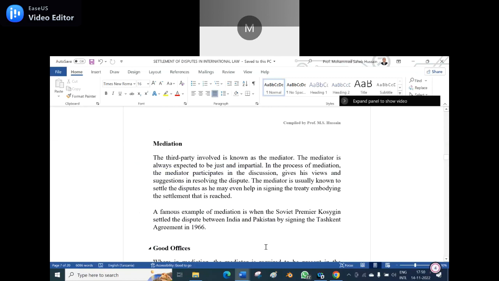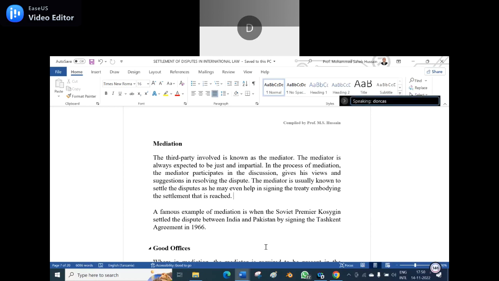Male mediator or female mediator? Agreed? No. Then what do you have to say? Mediator and mediatrix. Just mediator, Prof. It refers to both.